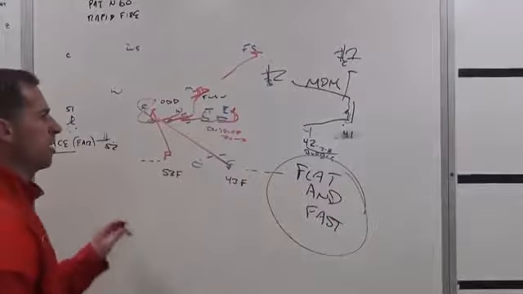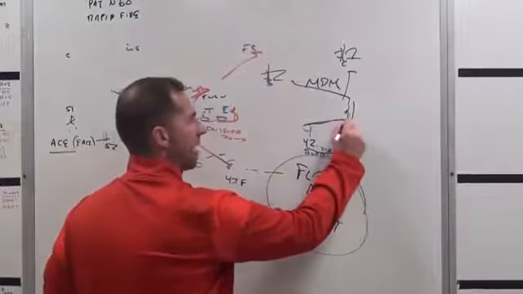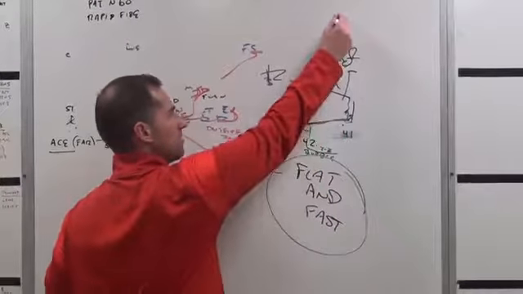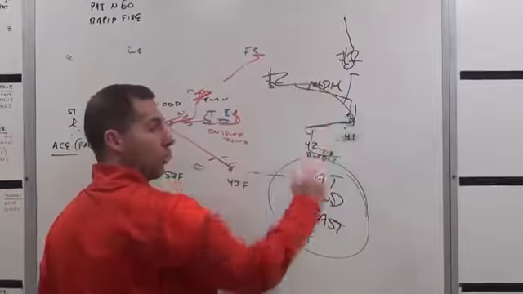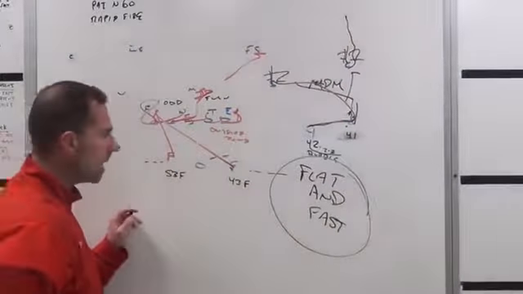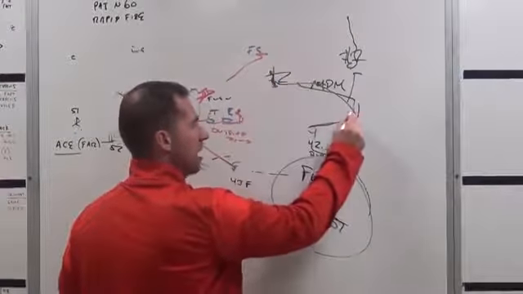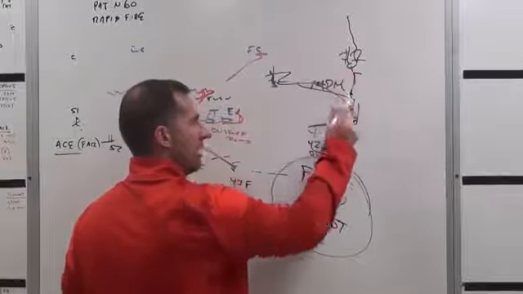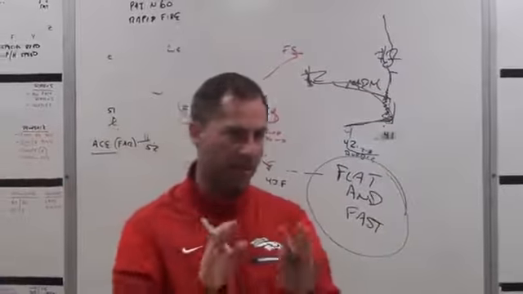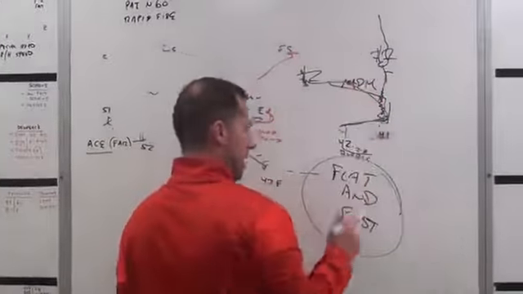Okay? So he's going to come fast and flat. If the corner bails and he buzzes, he'll crack on the Sam linebacker. Okay? If the Sam linebacker hangs, he'll just get his feet hot and put his belly button on the belly button of the corner and cover him up.